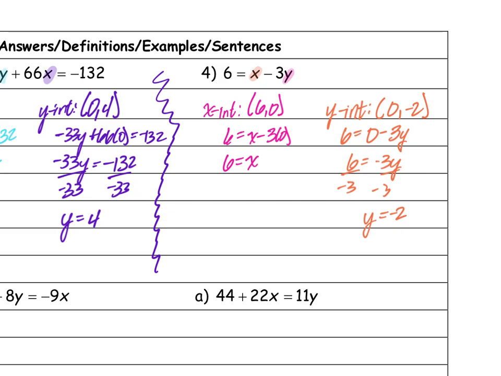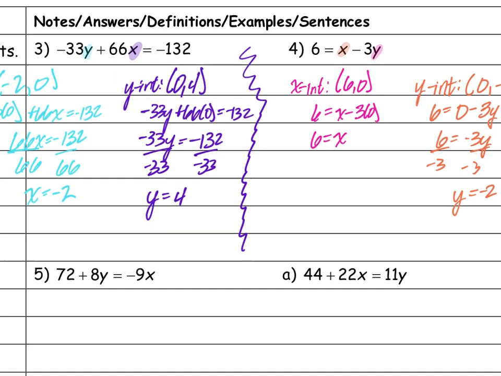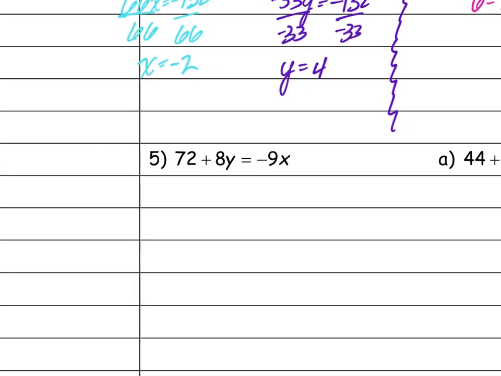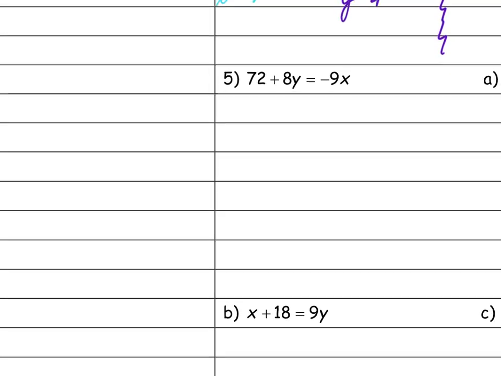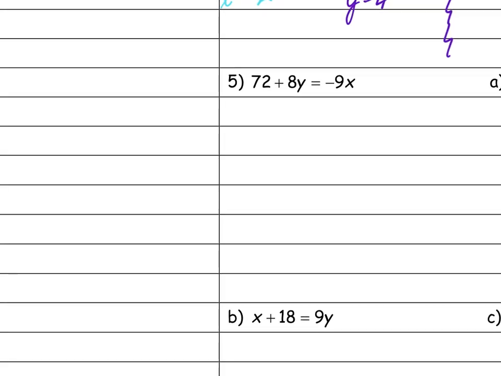So I did one last one where the x and the y were not on the same side of my equation. So notice on my equal sign that the x and the y are on different sides of the equal sign. Is that going to change how I find my x and y intercepts? It is not. I'm still going to do the same thing. I might have to do one or two things extra to solve for it, but I'm still doing exactly the same thing that I have been doing.